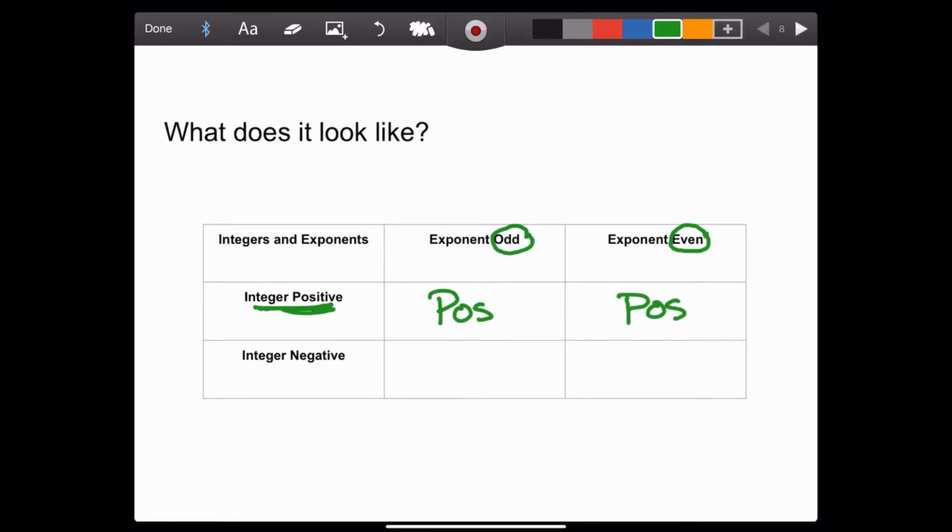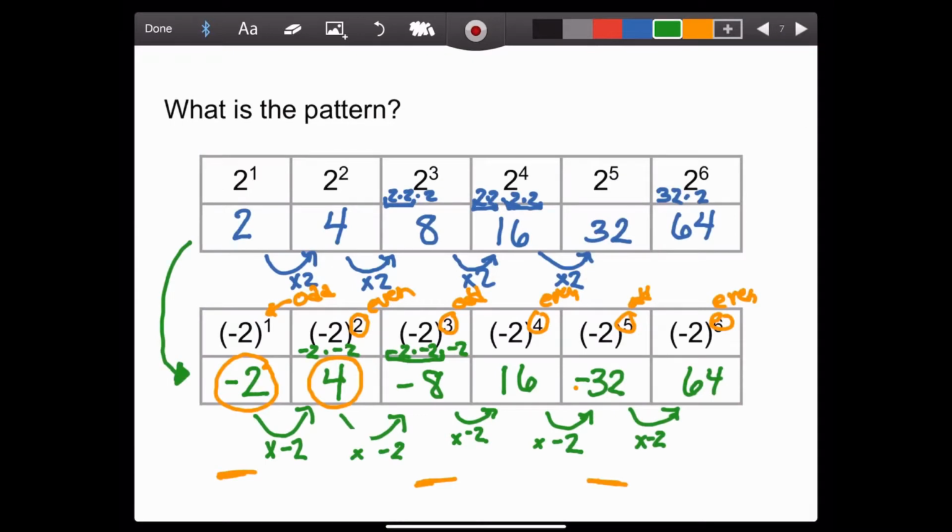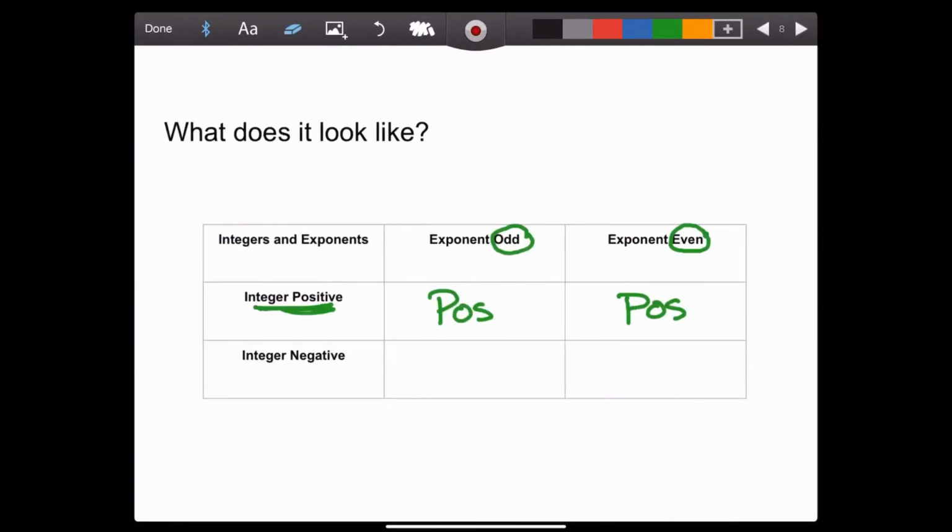So if we look back over here, this is positive, this is odd, even, odd, even, and all of these are positives, okay? So that's why this is positive and positive, no matter if it's odd or even.